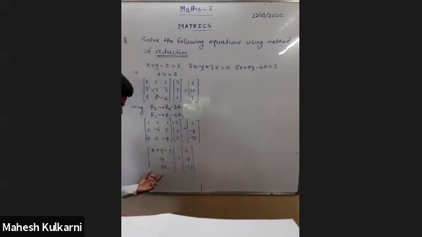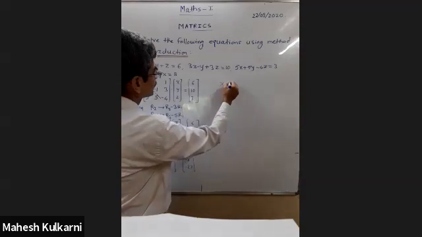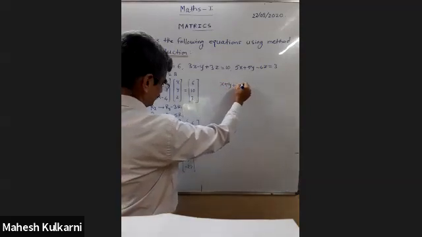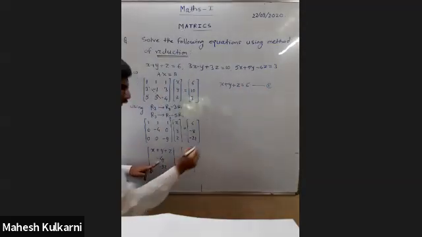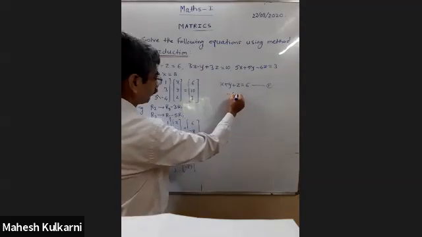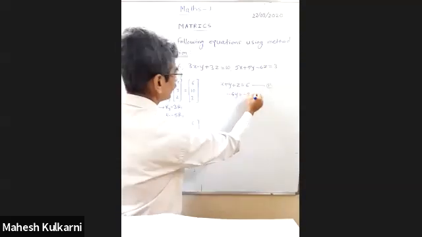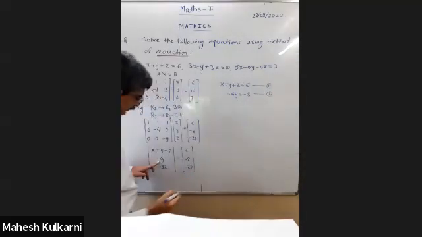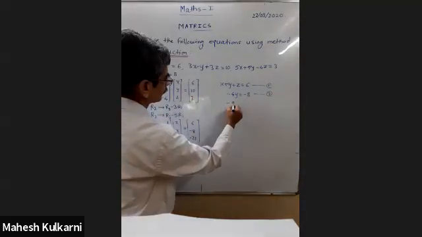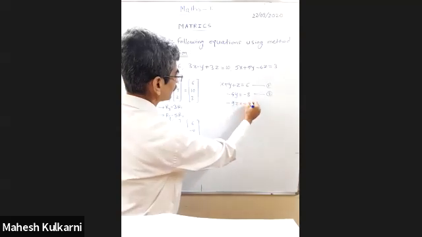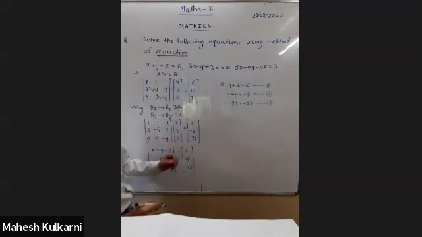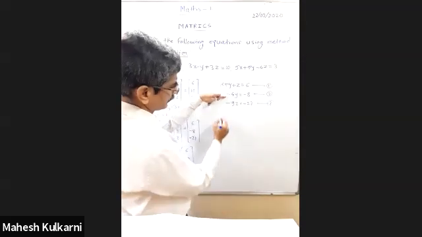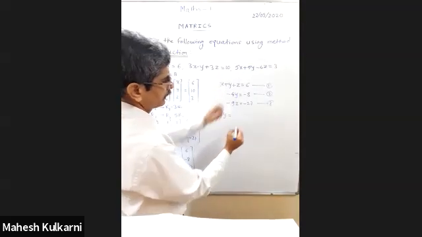By equality of matrices, corresponding elements are equal. So x plus y plus z is 6, this is our equation 1. Second equation is minus 4y equal to minus 8. And the third is minus 9z is equal to minus 27. Now from the second equation we find y is 2.